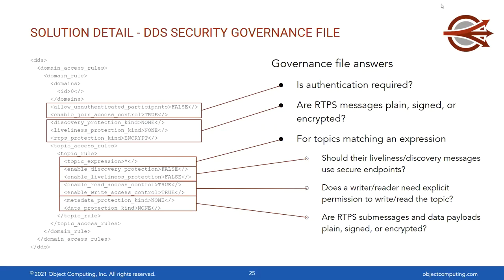And are RTPS submessages and data payloads plain, signed, or encrypted? So you have different choices in terms of at what level you want to apply a protection, either at the entire message level, the submessage level, or the actual payload of the data. And then what kind of security do you want to apply, whether that's plain, whether it's just signed, or if it's encrypted, if you need the privacy of that.